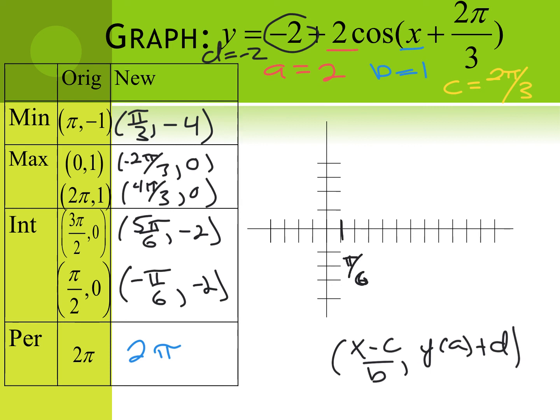So for my first point, I have positive pi over 3, which is the same as 2 pi over 6, and then negative 4. So I'm going to go over 2 and then down 4 to put a dot. Then we have negative 2 pi over 3, which would be the same as negative 4 pi over 6. So I'm going to go left 4 and then at 0, so I put a dot. 4 pi over 3 is the same as 8 pi over 6, so I'll count out 8 tick marks.